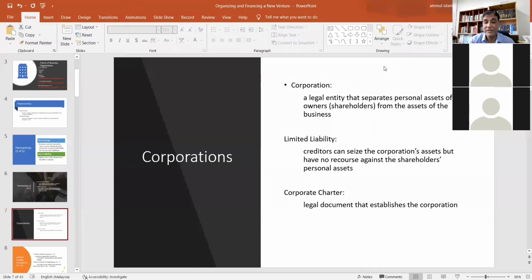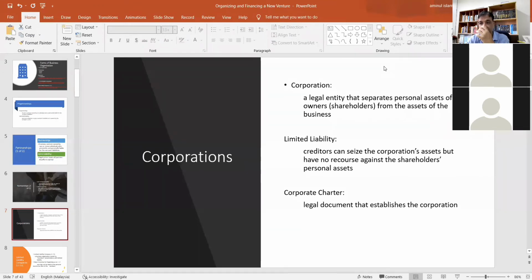And when it comes to a corporation, definitely there is a corporate charter. You have legal documents that lay down the rules and regulations, the framework, for how organizations should be run. So you have more legal framework here, with more policies and regulations regulated by the country's governing body of businesses.